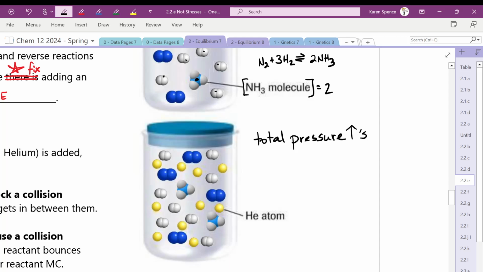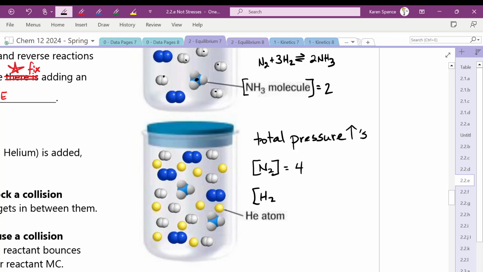And that's why some people are tempted to say, oh, the pressure increases, therefore we shift to the side with fewer gas molecules. But no, we don't, because what is the concentration of N2? It's the blue molecule. It's equal to 4. Yes? Blue molecule. How many blue molecules do we have? We have 4.